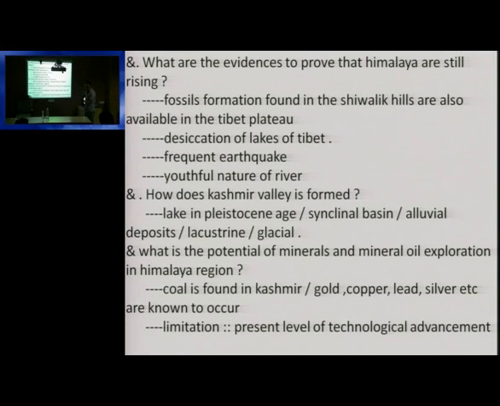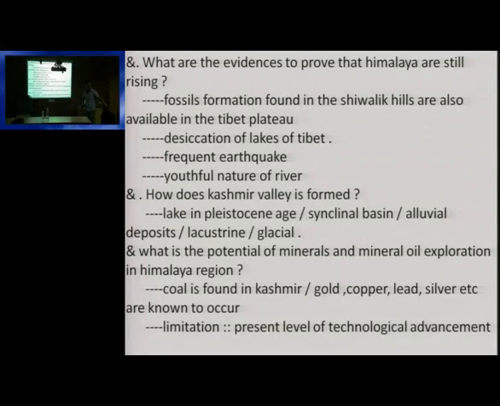Once upon a time, in the Tibet plateau, there was a lake, but because of upliftment, there was a discharge of water, and only the deposit remains. So that is desiccation of lakes of Tibet. Frequent earthquakes, because when there is a movement, there will be an earthquake. Youthful nature of rivers: high erosion, formation of V-shaped valleys.